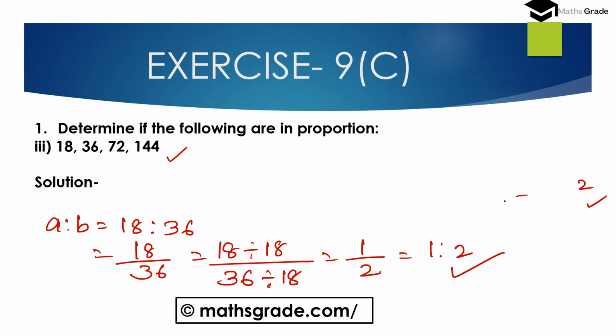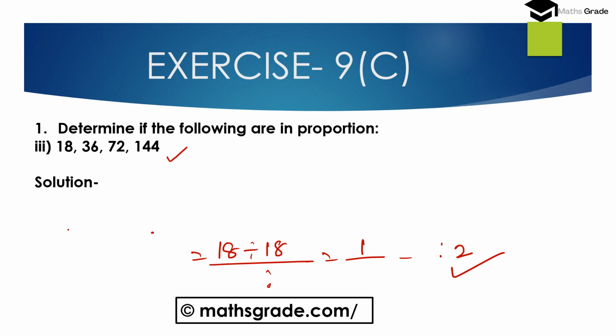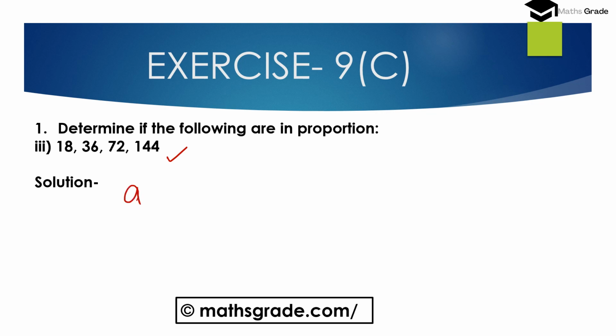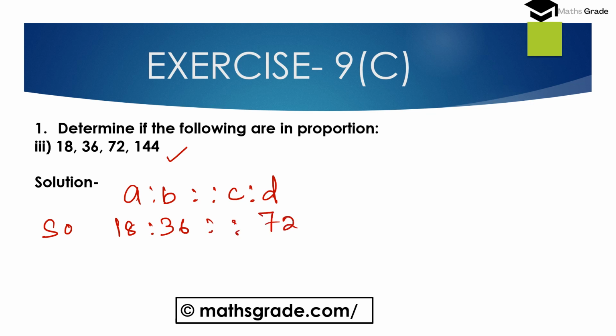So A is to B is proportional to C is to D, because A is to B is equal to C is to D. So 18 is to 36 is proportional to 72 is to 144.